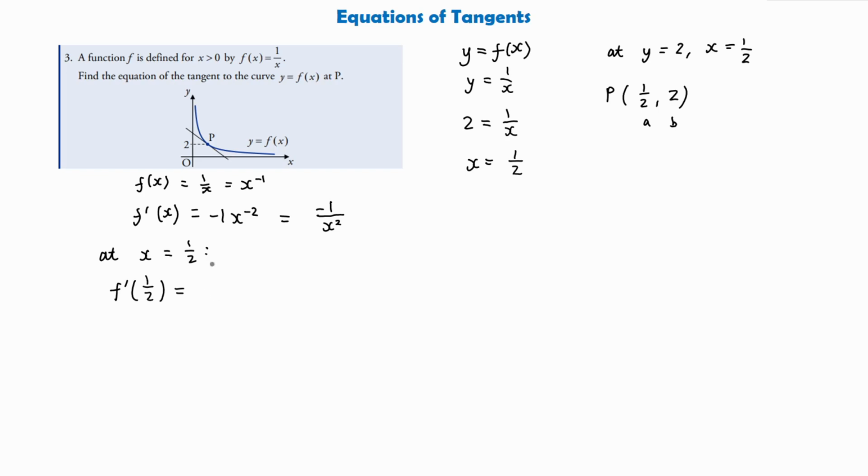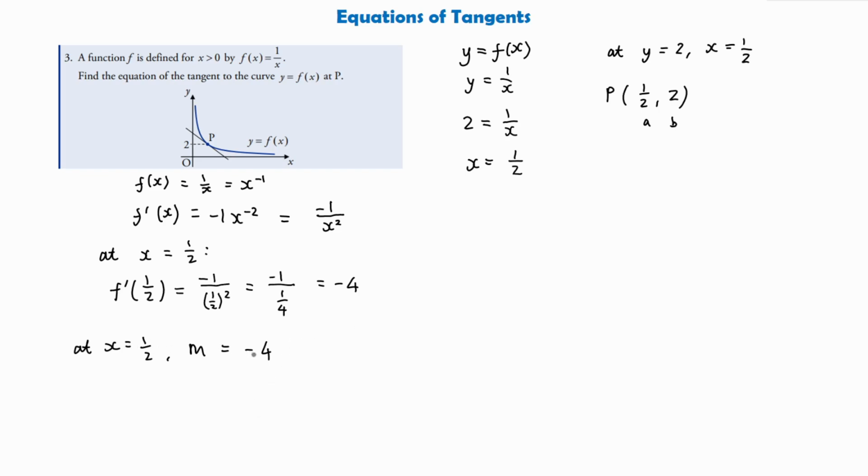So we substitute x in to be 1/2, we get -1 over (1/2) squared, which is just -1 over 1/4, which is just going to give us -4 over 1, which is just -4. So we would say at x equals 1/2, the gradient is equal to -4.